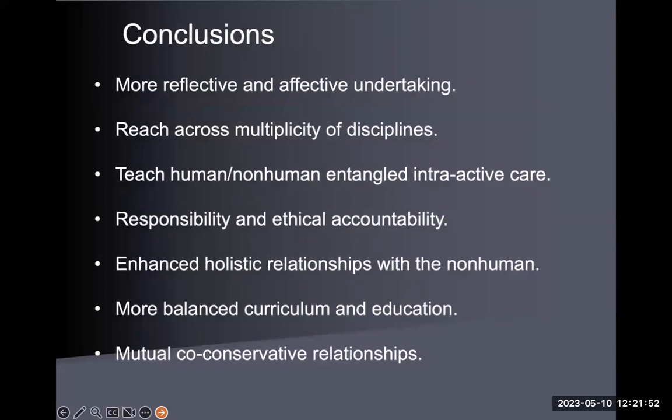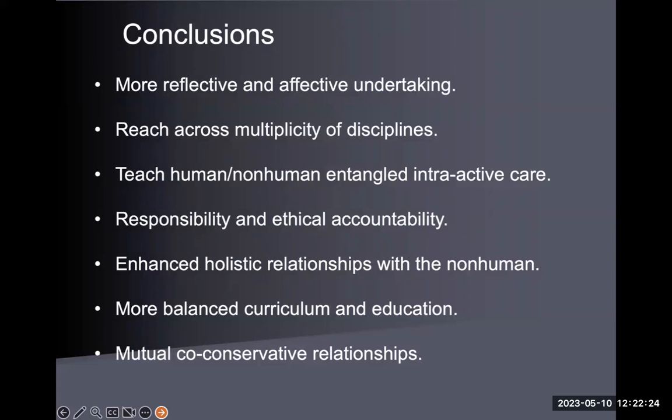In fact, art conservation may provide a compelling way to reach across all disciplines to teach about how human, non-human, entangled, and interactive care. Responsibility and ethical accountability to art objects are potentially enhanced from holistic relationships with the non-human through interdisciplinary art conservation education, utilizing concepts from quantum physics.